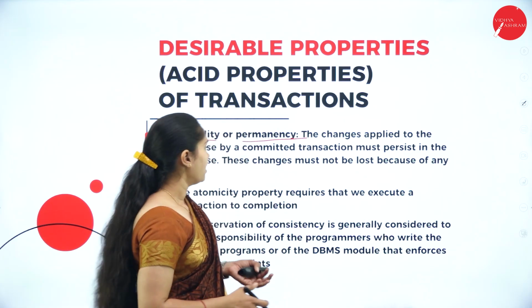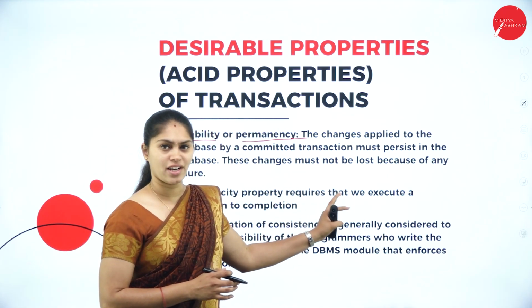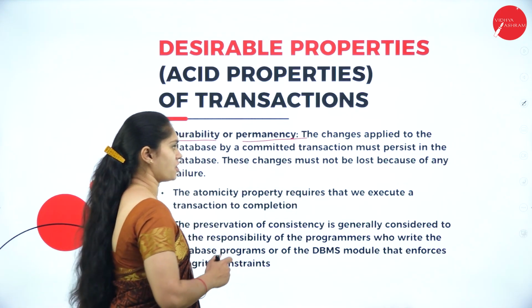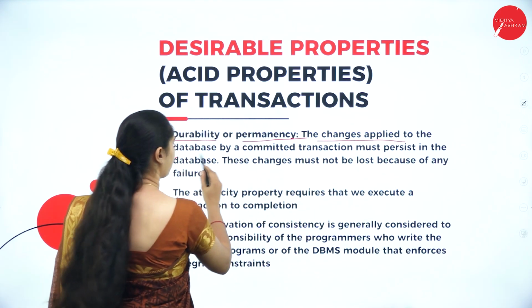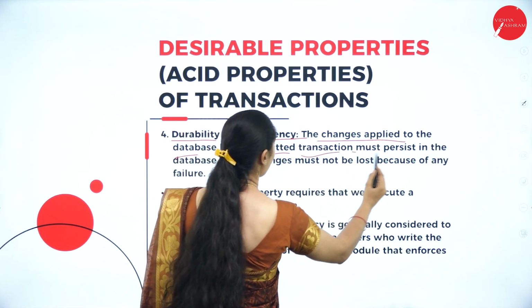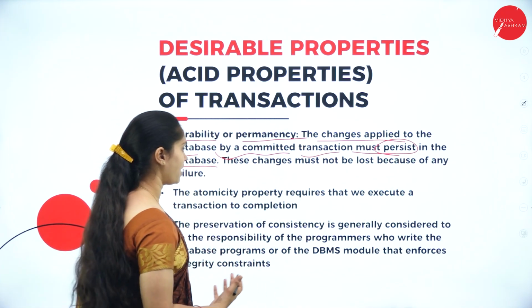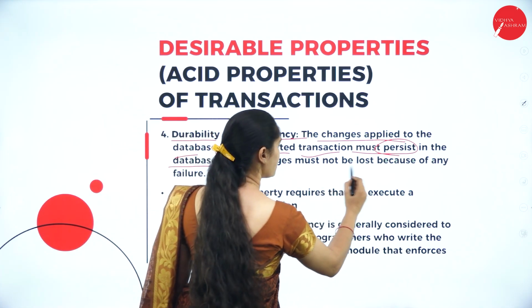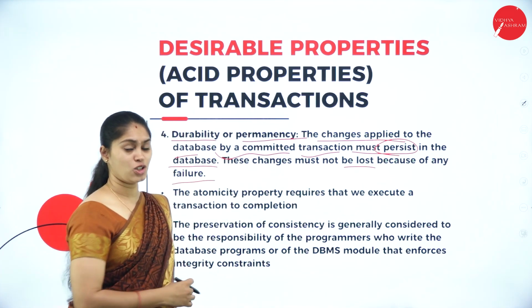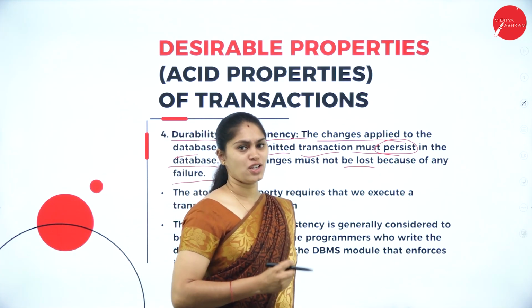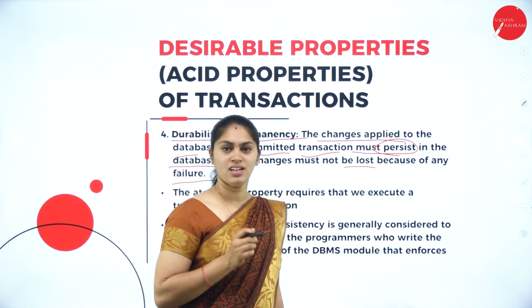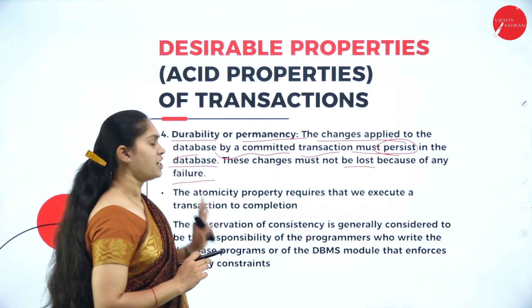So we have to have permanency in the storage of data during the transaction. The changes applied to the database by a committed transaction must persist in the database. Whatever changes we make should not get lost because of any failure. Though it failed, that has to be shown as a failed transaction. That has to take place in durability.